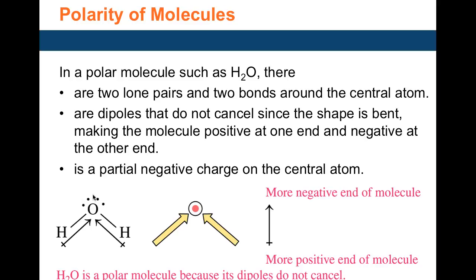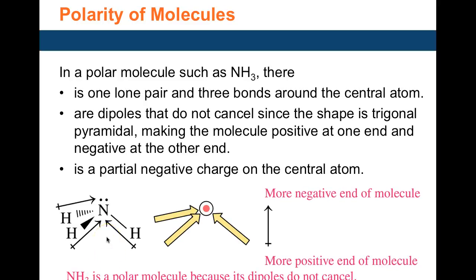So there is an electronegativity difference of 1.4. The magnitude of this dipole is 1.4, and so is this. These dipoles are heading in the same direction towards oxygen, which has the higher electronegativity value. So there's nothing to cancel them. These dipoles are not canceling, and therefore water is highly polar.